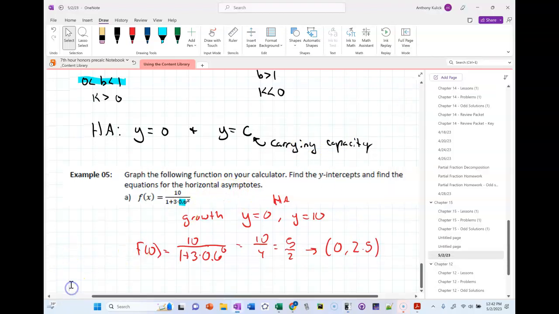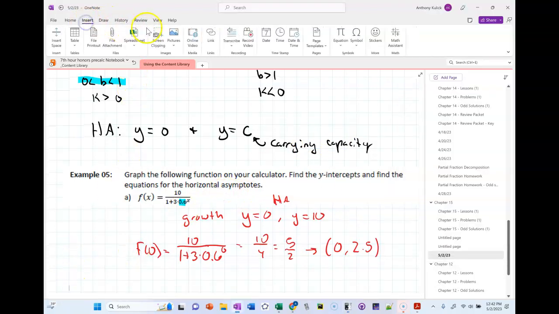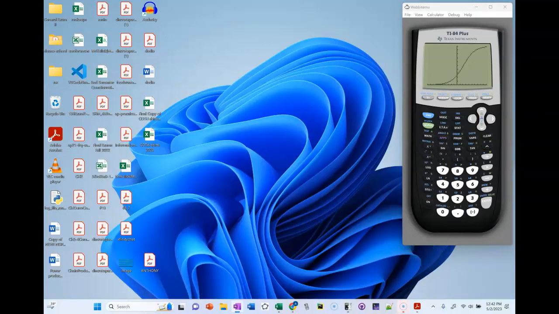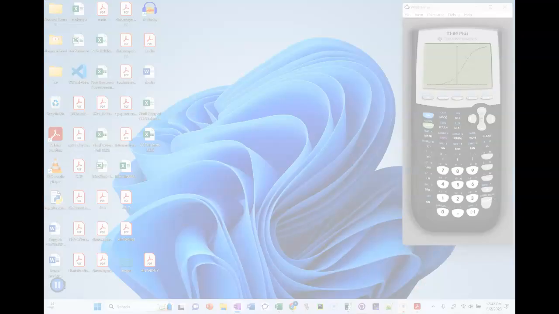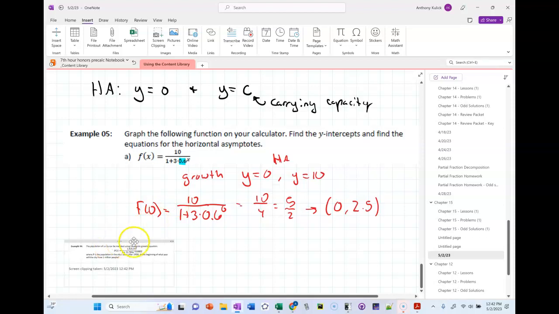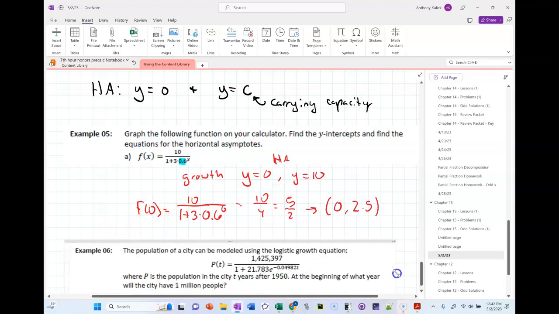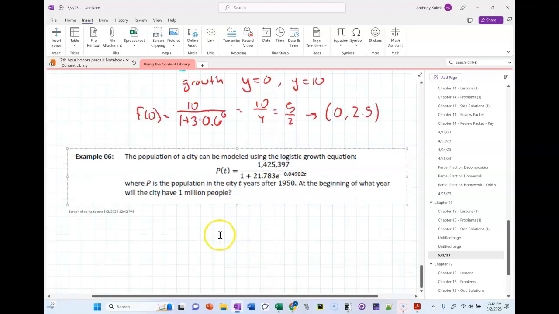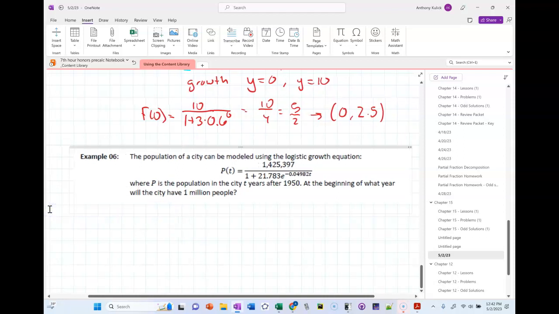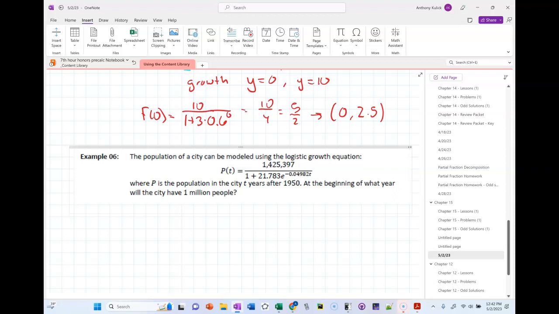All right. Let's do one story problem example where we give you one of these logistics to deal with. So it says the population of a city can be modeled using a logistic growth equation P of t equals yada, yada, yada, where P is the population t years after 1950.